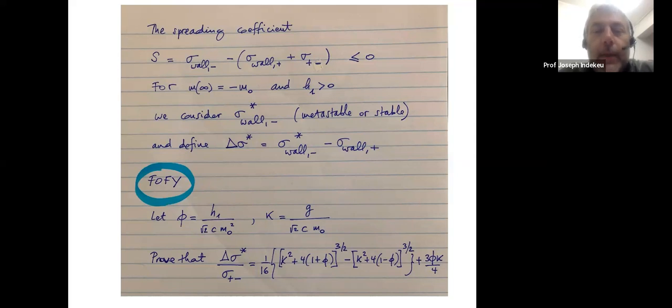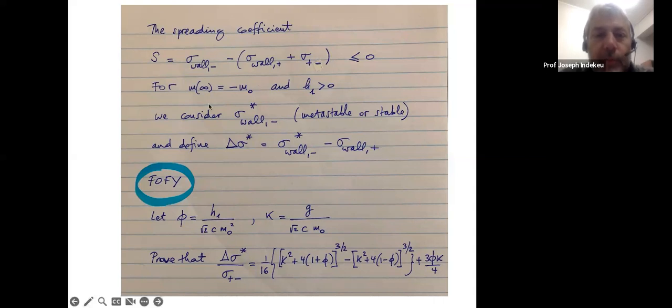So we can consider the wall minus interface in a stable or metastable state. And in the mean field theory that we have at hand, we can actually calculate the value of sigma wall minus for equilibrium and also for metastable states.